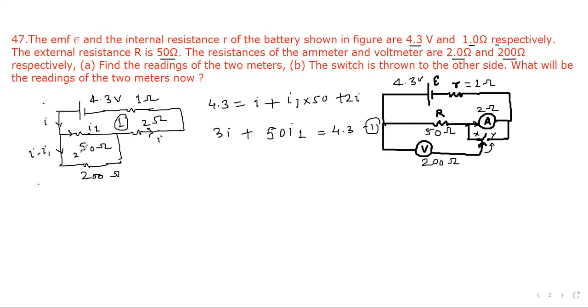If we consider the second loop, here 50 times I1 minus 200 times (I minus I1) equal to 0.